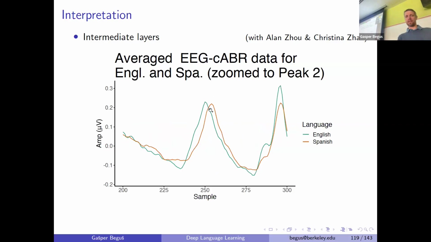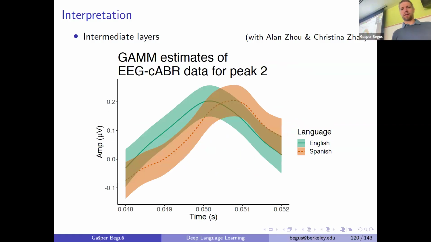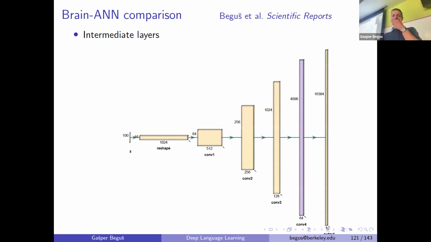So here's a mismatch. This is from Christina's work. Slight mismatch, and that correlates well with behavior. If you play a continuum, they switch at some point, and the Spanish speakers will switch later than English speakers.